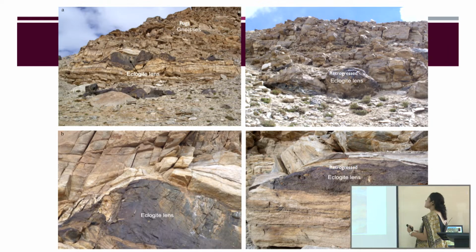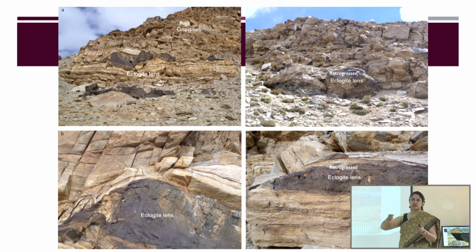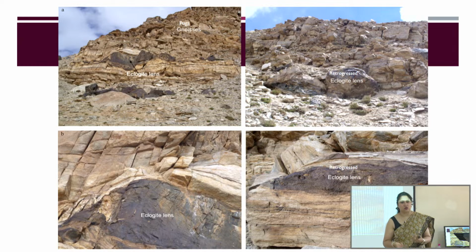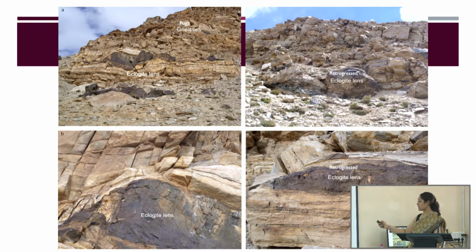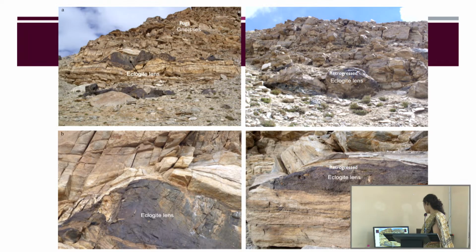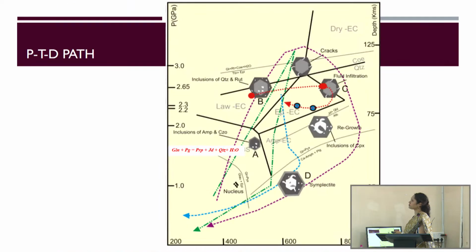Field wise, other than the quartzofeldspathic gneisses, which probably have more structural elements preserved in them, the eclogites just look like boudins or lenses. They don't really show any signatures. Of course, the core of these lenses is more coarse grained, and as you go towards the edges, they are more fine grained, and those kinds of features are definitely observed.